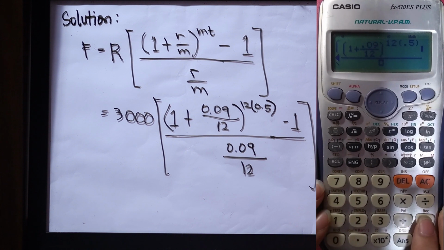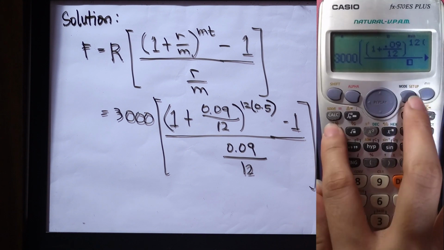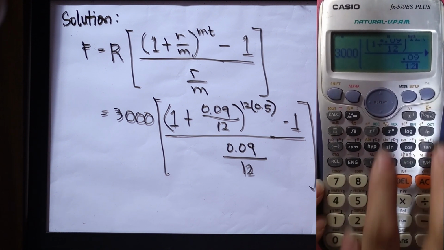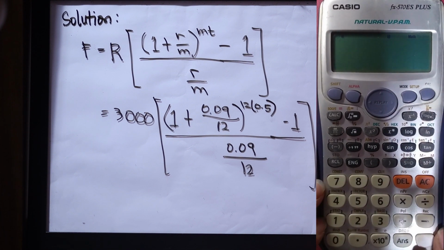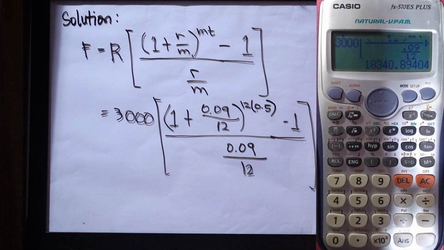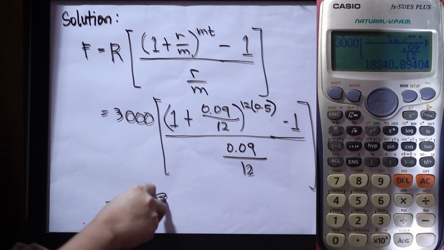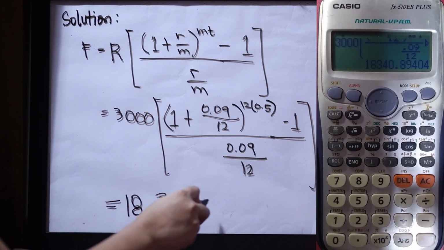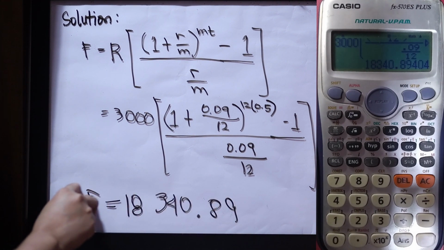Tas, move your cursor to the right, tas minus 1. And then, para sa denominator, we have 0.09 over 12. Tapos, close parenthesis, and then equal sign. So, the final answer is 18,340.89 to 2 decimal places. Ganyan lang po yung gagawin ninyo.